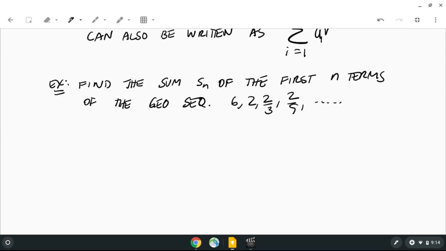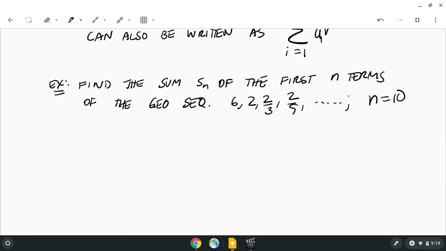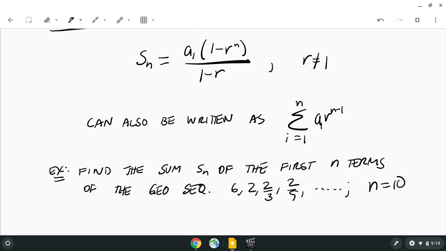We're going to do this for n equals 10, so in other words, the sum of the first 10 terms. We're going to be using this formula here.